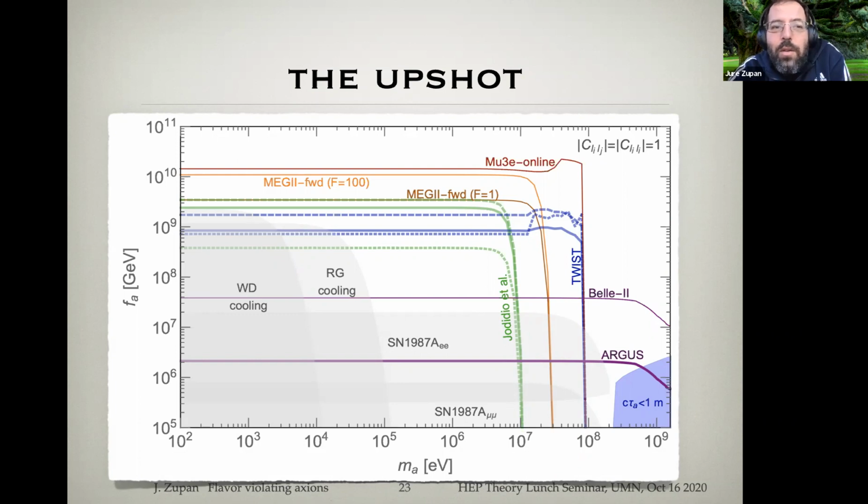Mu to e conversion has an endpoint at the muon mass, so quite far off. But since it's a decay in orbit, you will have a leak-in of the mu to e a signal into the signal region for mu to e conversion. But of course, you also have a leak-in of mu to e nu nu-bar decay in orbit. And the shapes are not the same, so that's where you can gain.